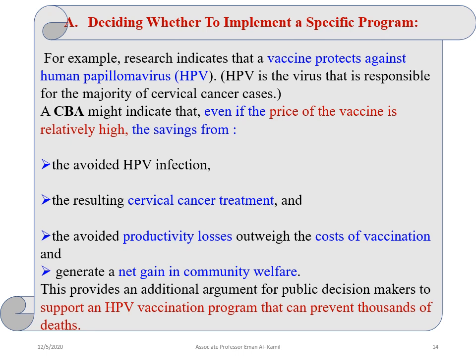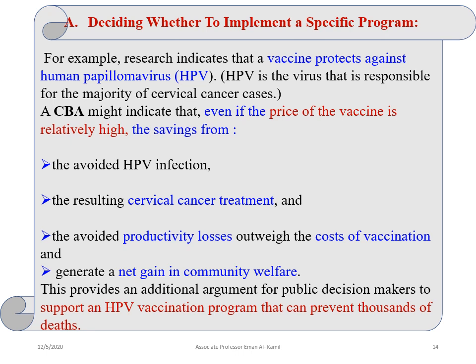So the cost benefit analysis might indicate that even if the price of the vaccine is relatively high، لكنه the saving from، احنا بالرغم انه شافوا صحيح انه هو ال price of the production of this vaccine is high، لكن ما هي الفوائد لما نعطي الفاكسين for women؟ اول شيء الفائدة المادية، the avoided human papillomavirus infection، راح يمنع لنا الانفكشن وراح يمنع لنا كل العلاج الفلوس او المصاري اللي راح نستخدمها لعلاج هذا الانفكشن.